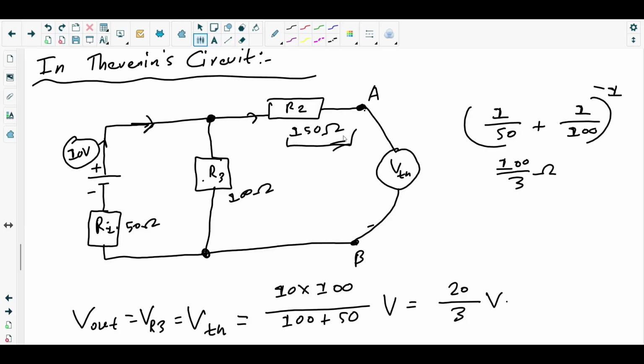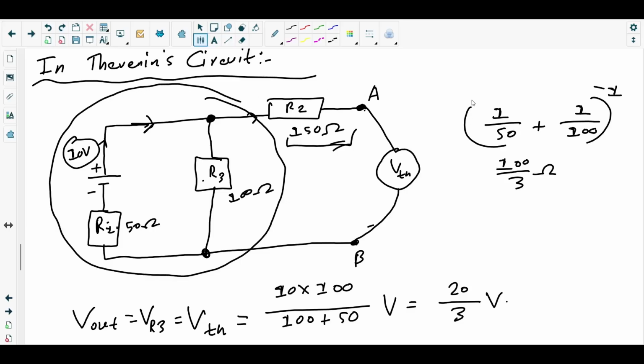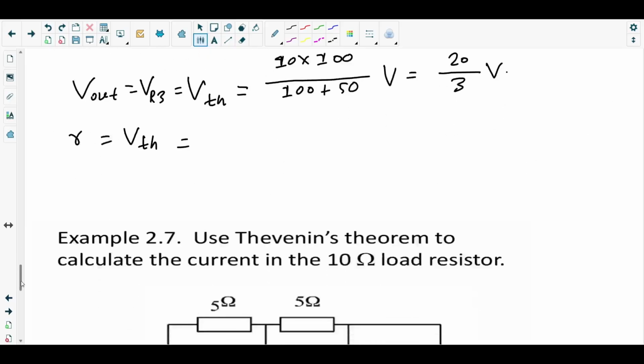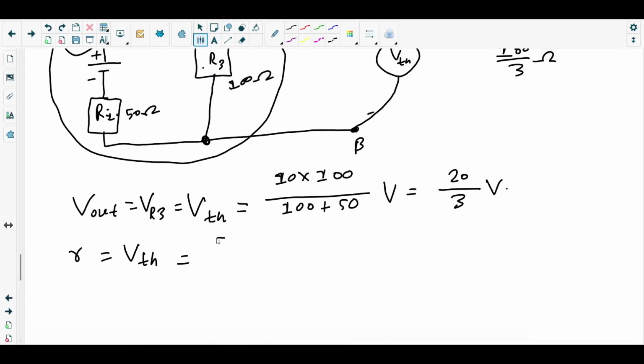And then 150 is in series with this whole combination. So 150 plus 100 over 3 would give you 550 over 3 ohms. That's the Thevenin's equivalent resistance. Sorry, this is RTH.